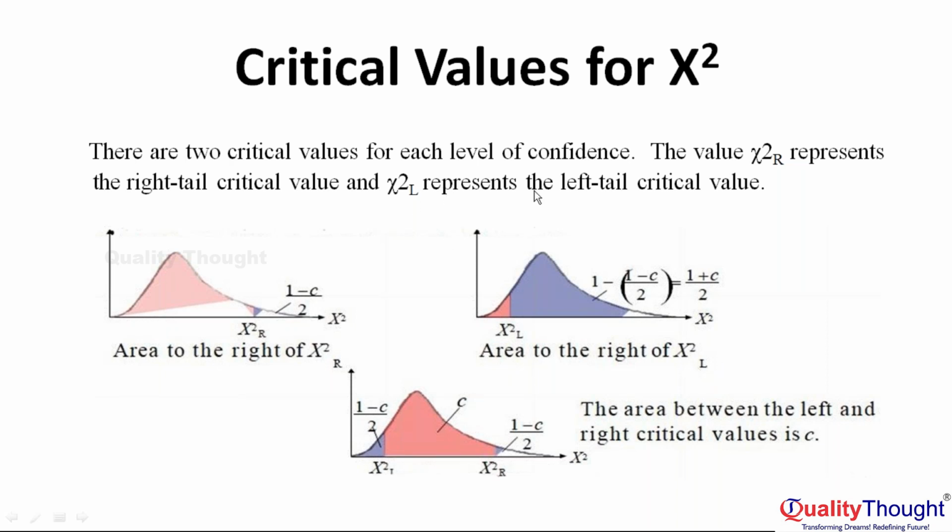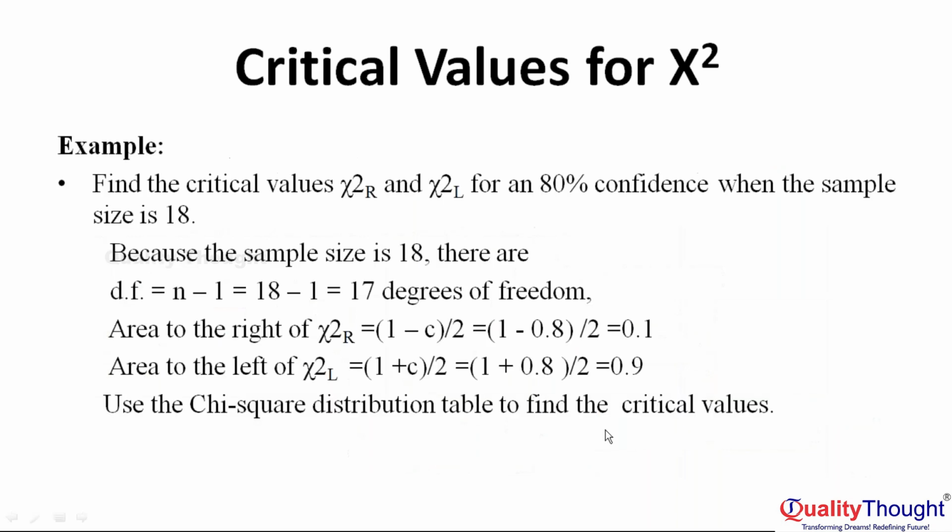Because chi-square L represents the left tail critical value, and the right tail critical value is something like this. It is 1 minus c by 2. 1 minus the quantity 1 minus c by 2 becomes 1 plus c by 2, which is the middle area. Okay, this is what you want to understand.